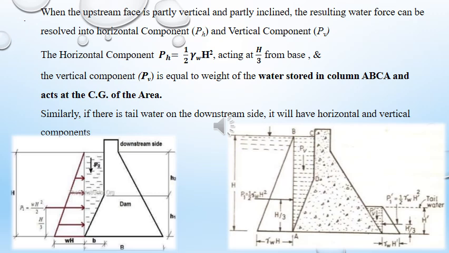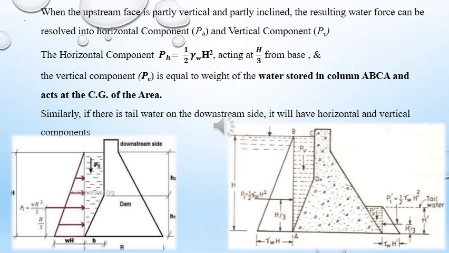Similarly, if there is tail water on the downstream side, it will have horizontal and vertical components. The pressure intensity is 0 at the water surface, and at the base it is gamma W H dash.